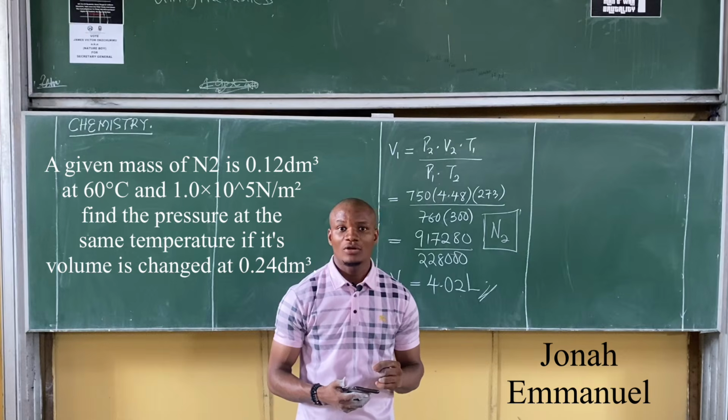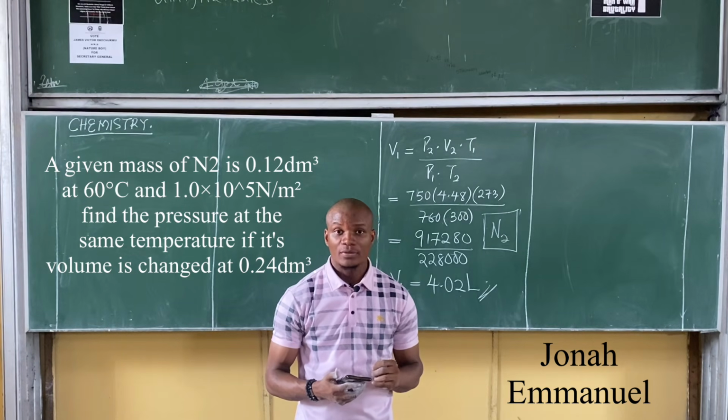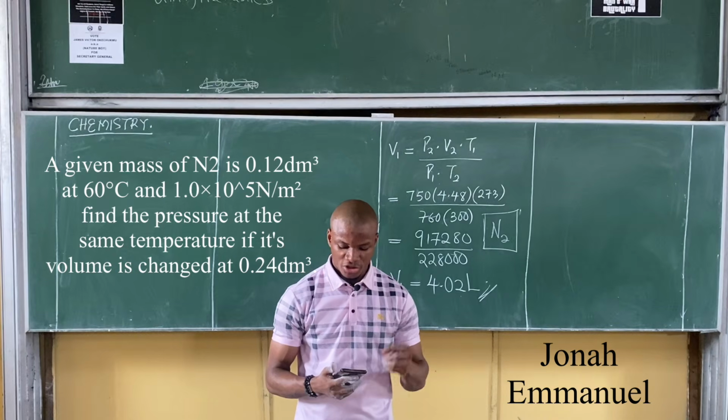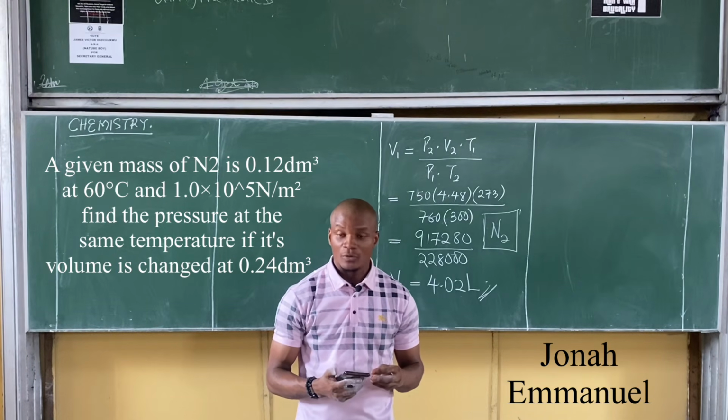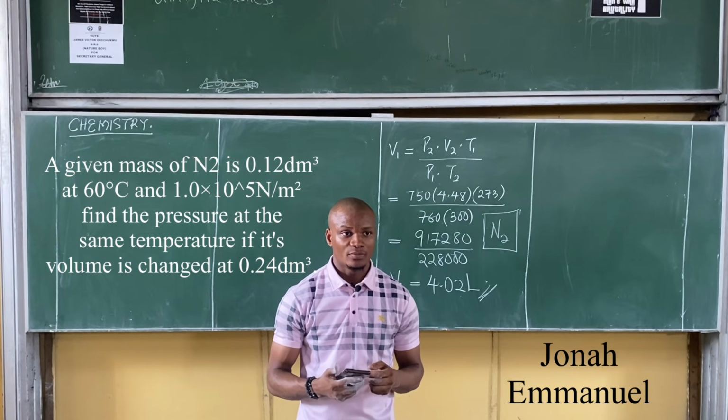Find the pressure at the same temperature if the volume is changed to 0.24 dm cubed.